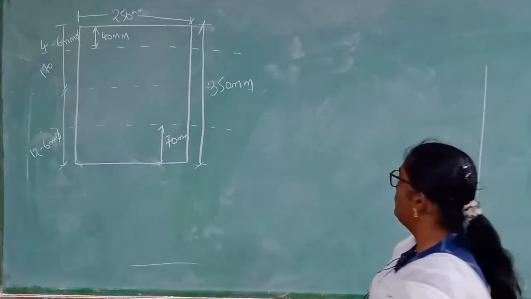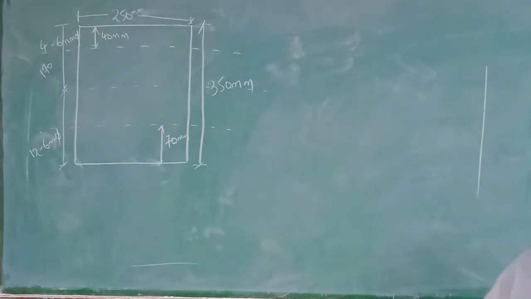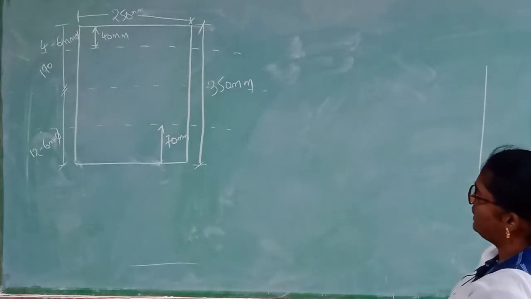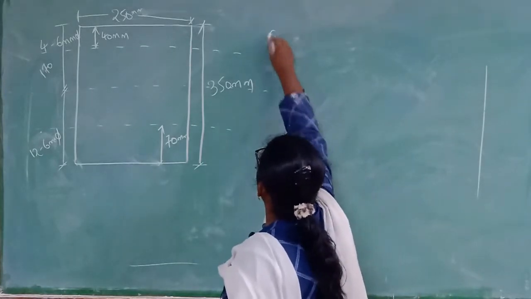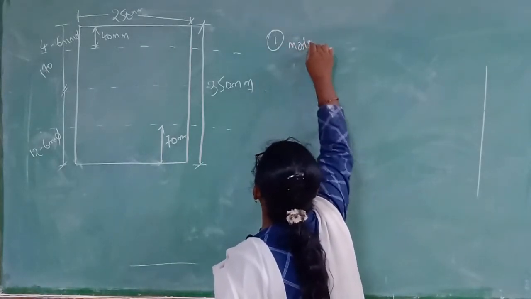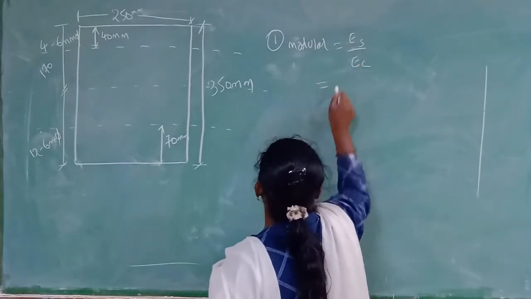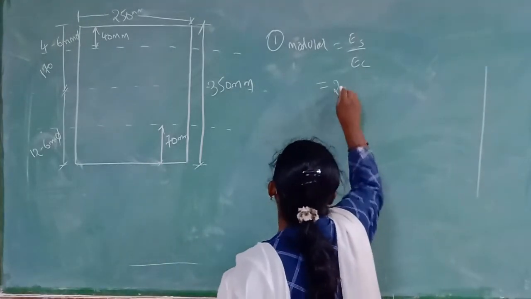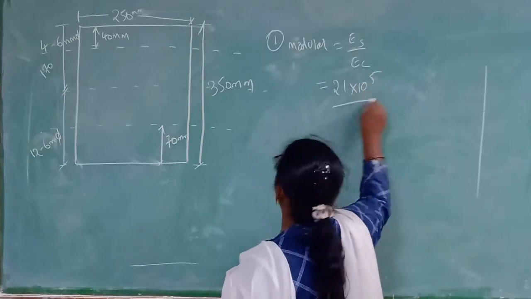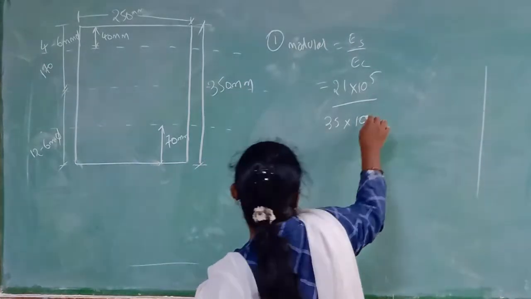First, we have to calculate the modular ratio for the things you have taken. What is the formula for this? Es by Ec. What is the Es he has given here? 2.1 into 10 to the power 5, and Ec is 3.5 into 10 to the power 4.